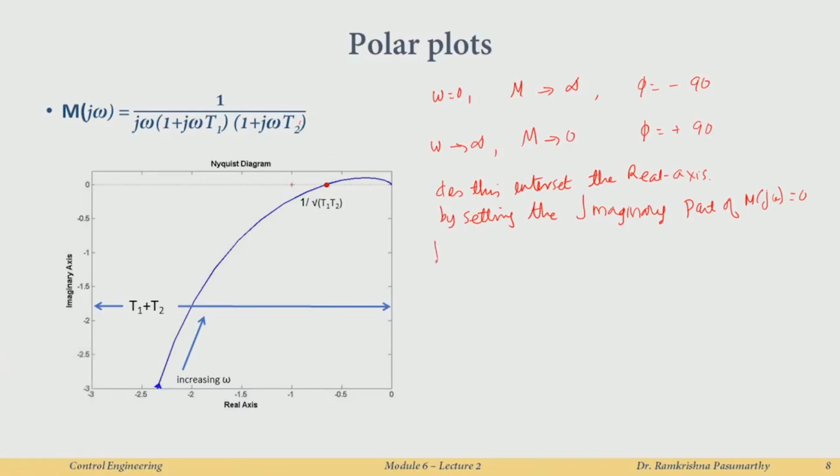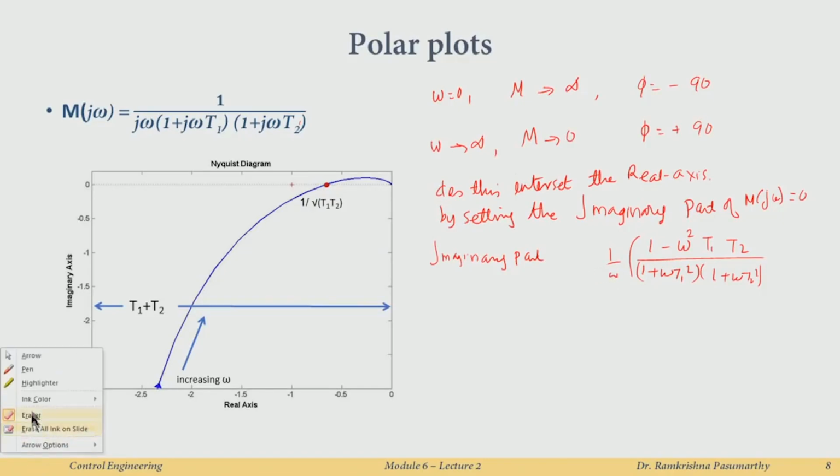How does the imaginary part look? This imaginary part is just the real part of the previous one, 1 minus omega square t1 t2 divided by 1 plus omega square t1 square, 1 plus omega square t2 square, with a 1 over j omega. This is similar to getting rid of the j from the denominator and putting a j in the numerator with a minus sign.